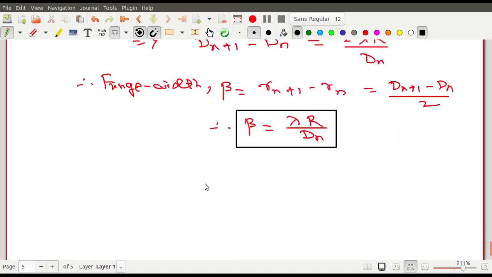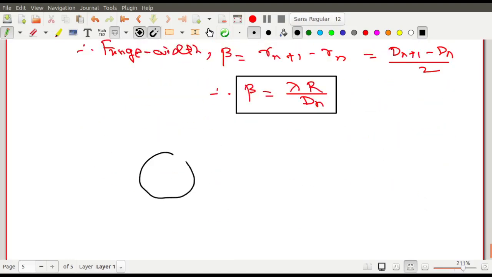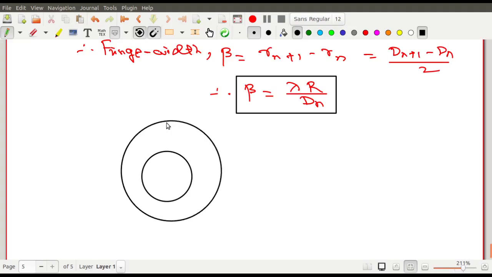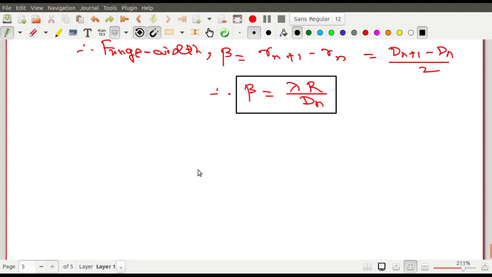So you just draw the fringes over here. Suppose this is one of the bright fringes and this is another one. Let me try to draw it smaller. Okay, more or less it's fine.